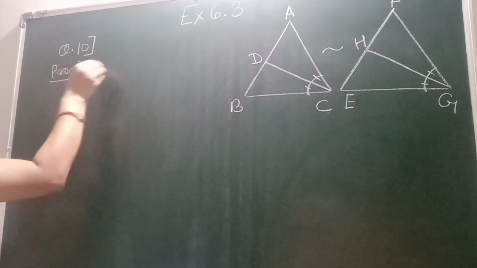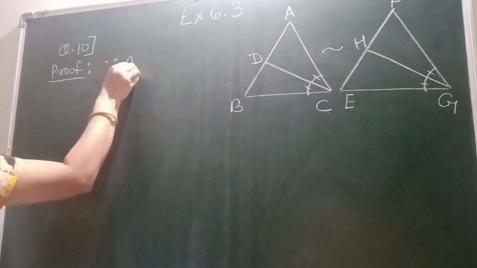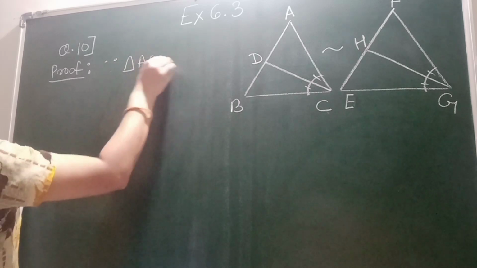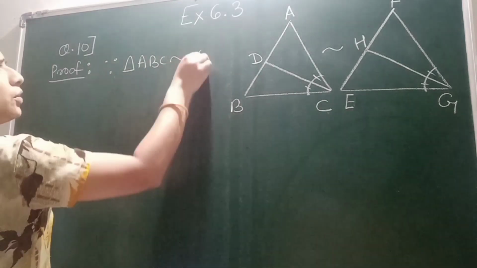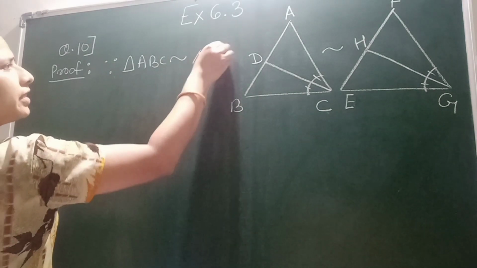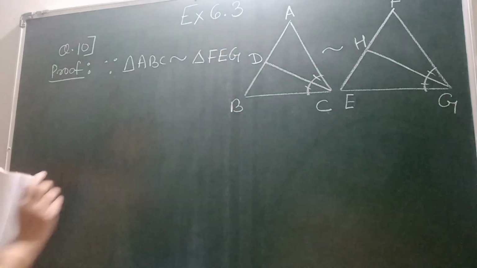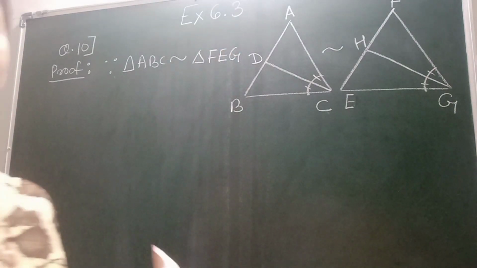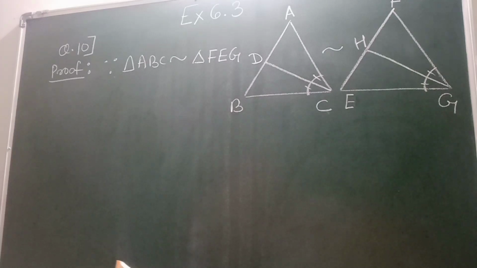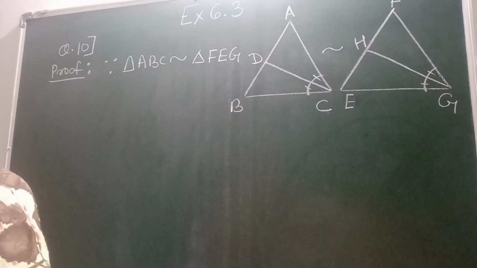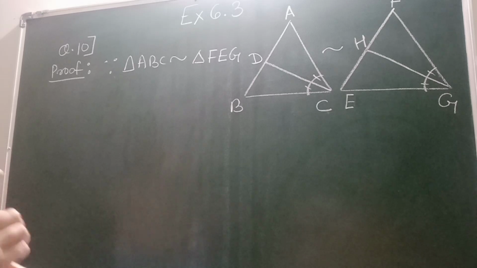First we will write, since triangle ABC is similar to triangle FEG, their corresponding angles will be equal and the ratio of their corresponding sides will also be equal by the definition of similarity.